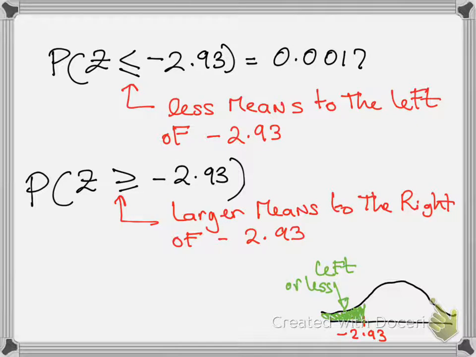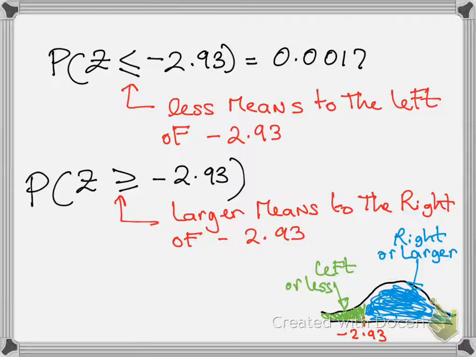Now, larger than negative 2.93 is to the right, so that will be this area here, to the right of negative 2.93.